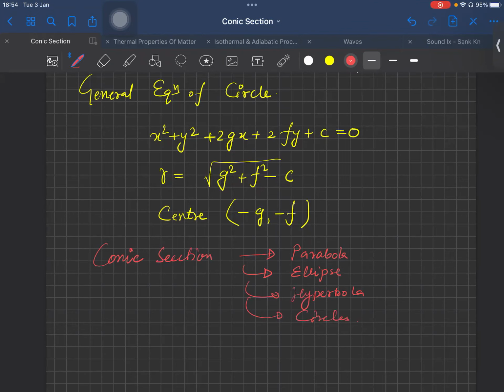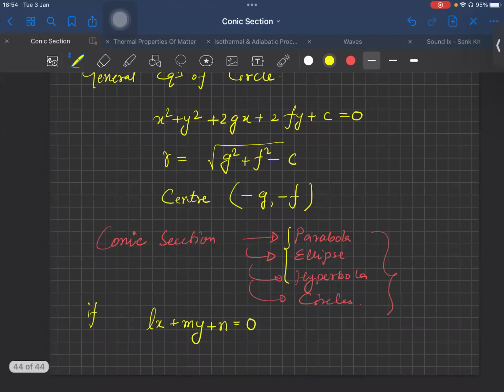Now these all have only one equation. It can be defined using one equation. Especially these three, circle is much easier than these three, right? So if, let's say, the equation of directrix is Lx plus My plus N is equal to 0.